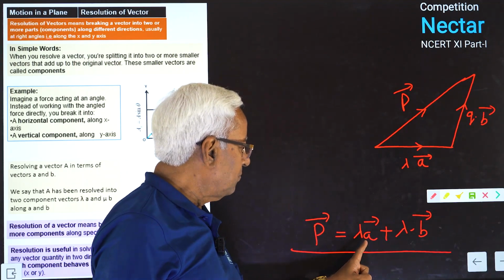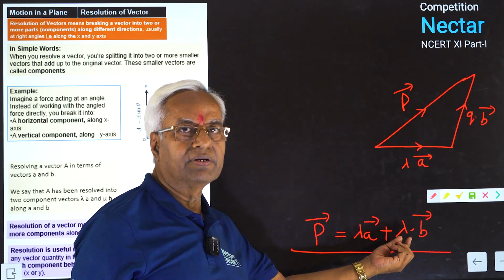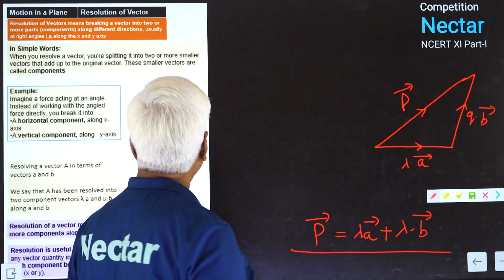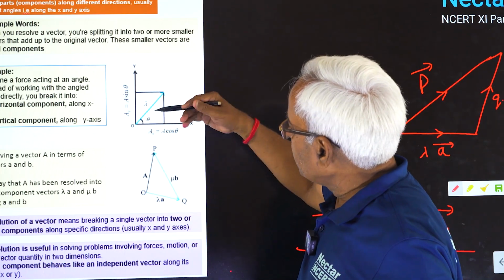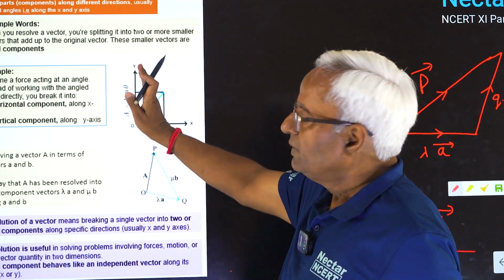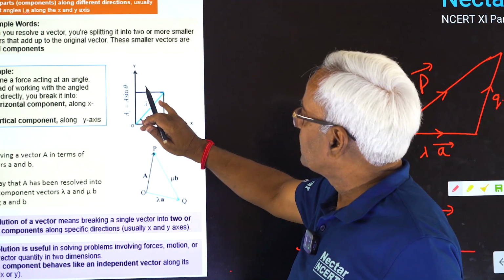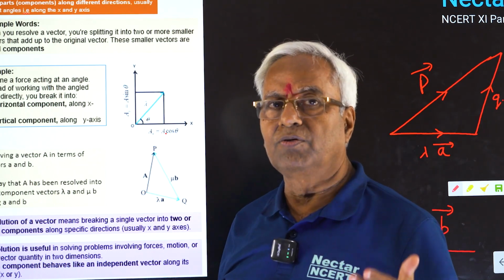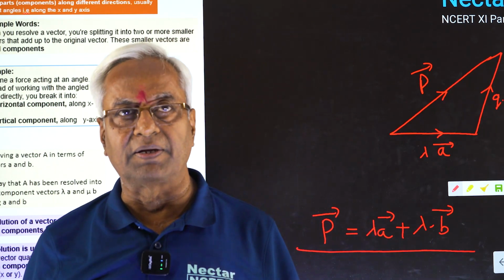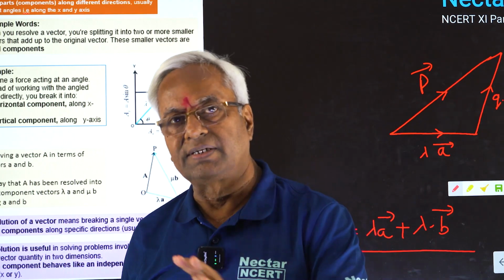These 2 shall be known as components of the vector along vector A and along vector B. Similarly, when you resolve this vector A into 2 components, these will combine to give the resultant. So it is also said the components are always such that when they combine together, they give the main vector as the resultant.